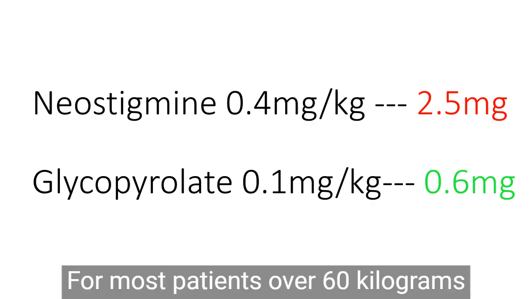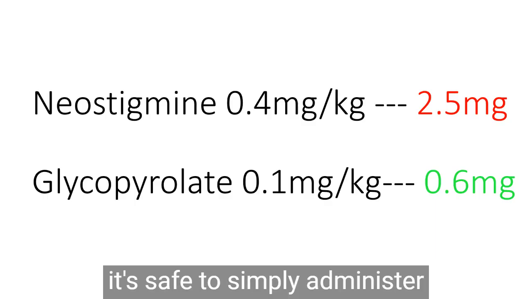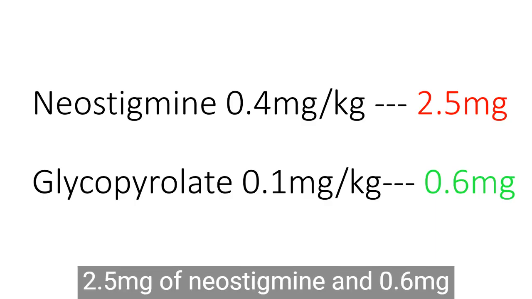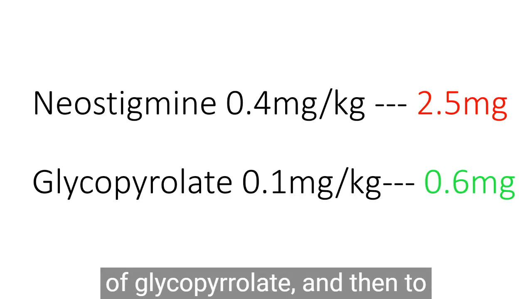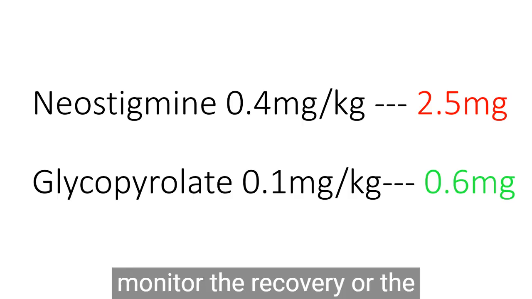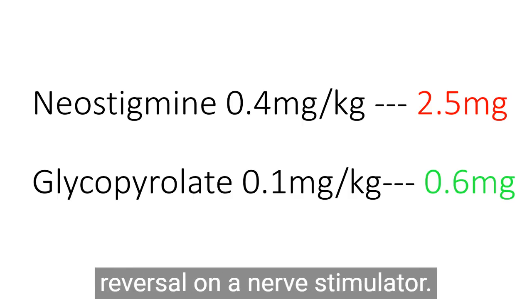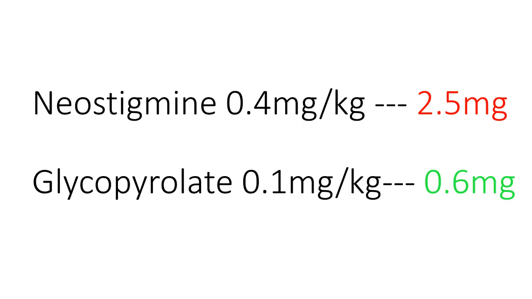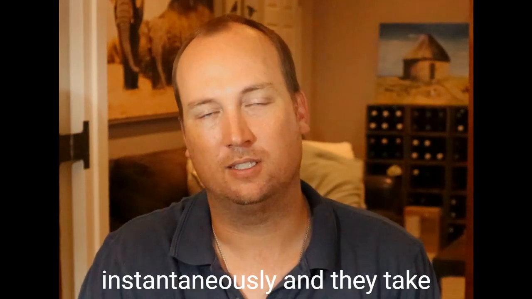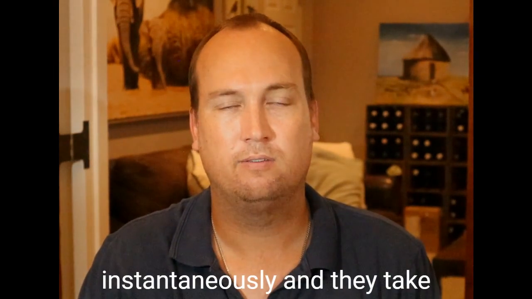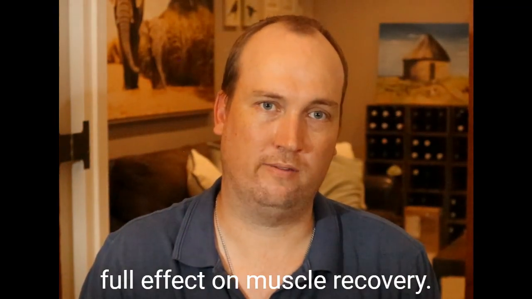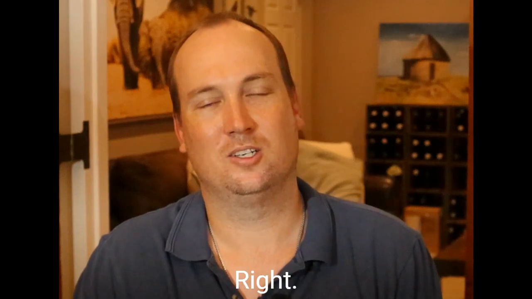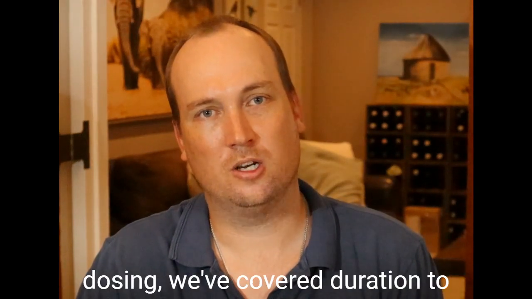For most patients over 60 kilograms, it's safe to simply administer 2.5 milligrams of neostigmine and 0.6 milligrams of glycopyrrolate, and then to monitor the recovery or the reversal on a nerve stimulator. These drugs do not work instantaneously, and they take 5 to 8 minutes to have their full effect on muscle recovery.